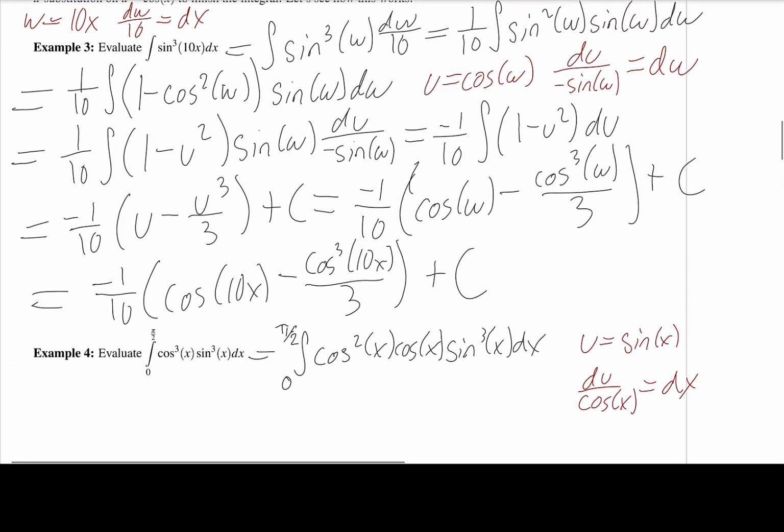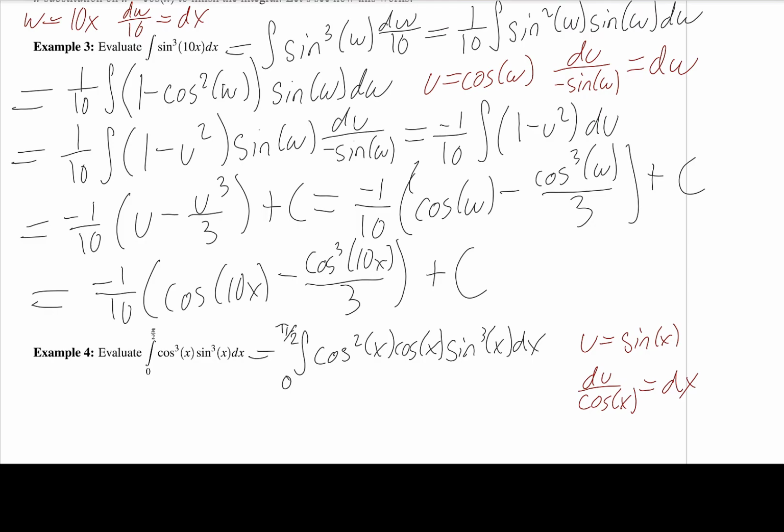Then from here, I'm going to work on my u substitution. So now I'm going to use u equals sine of x, and we should have du over cosine of x equals dx.